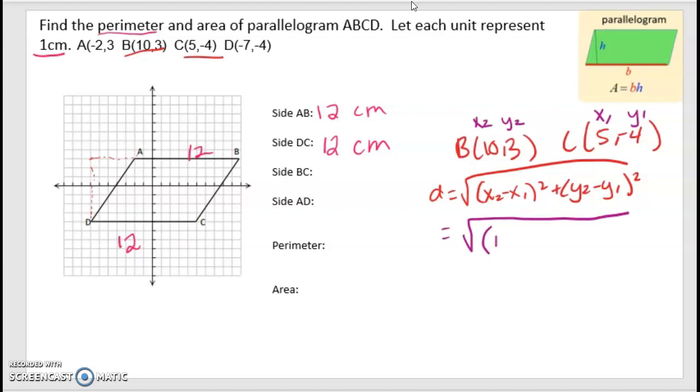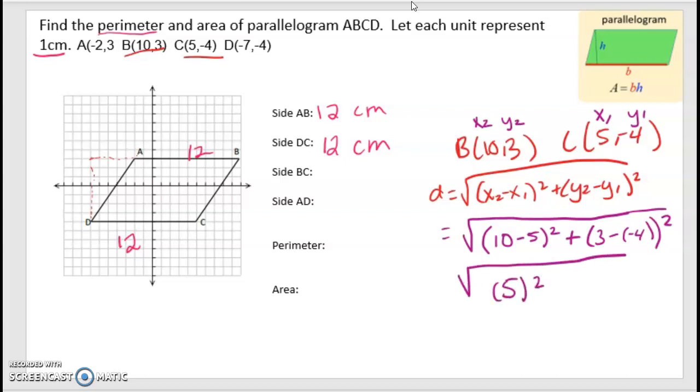So x2 is 10 minus 5 squared plus y2 is 3 minus, well, here's the big deal, it's a negative 4, so I'm going to go ahead and put that negative 4 in parentheses. I want to subtract the negative 4, squared. So that will give me 5 squared, and then this 3 minus a negative 4 ends up being 3 plus 4.